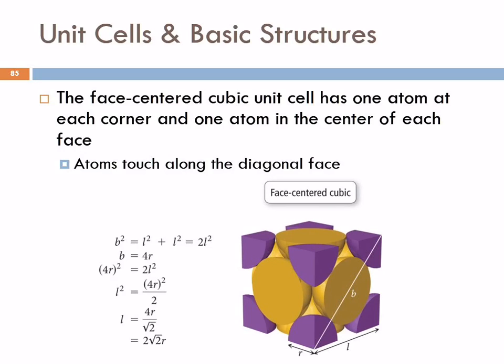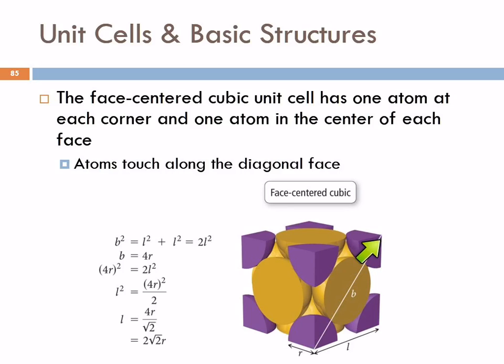Then the face-centered has one atom at each corner and one atom in the center of each face. So the face of the cube, the square on each side, there's an atom centered in the middle of the face, and then there are atoms centered at each corner. So the atoms are touching along a diagonal face.